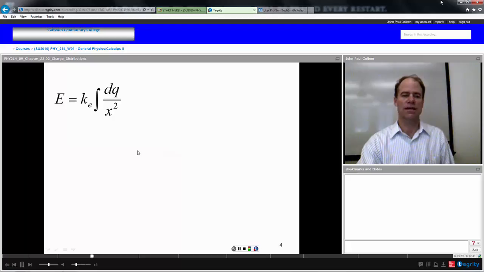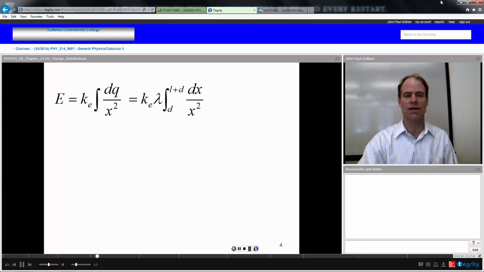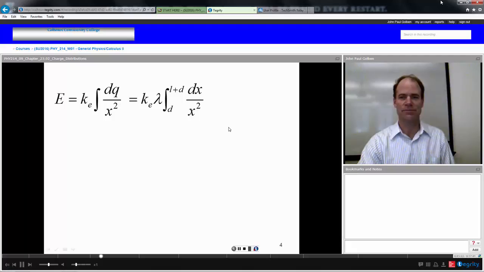So we're going to say that our E field is going to be due to the contribution from all these dq's along the length of this rod, from one end of the rod to the other end of the rod. So our dq is lambda dx, and we're going to evaluate from x equal d to x equal L plus d.